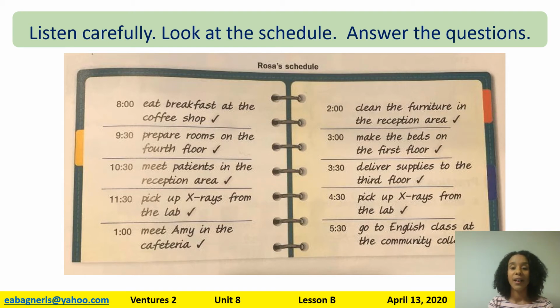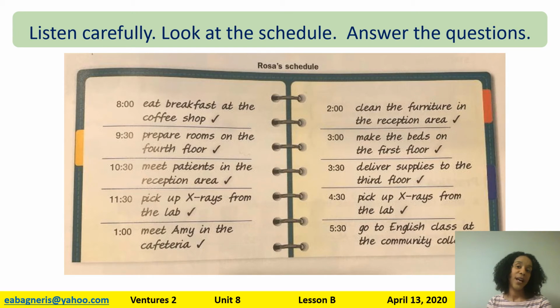Let's look at 3 o'clock. Where did Rosa go at 3 o'clock? Can you ask me that question? Where did Rosa go at 3 o'clock? She went to the first floor.